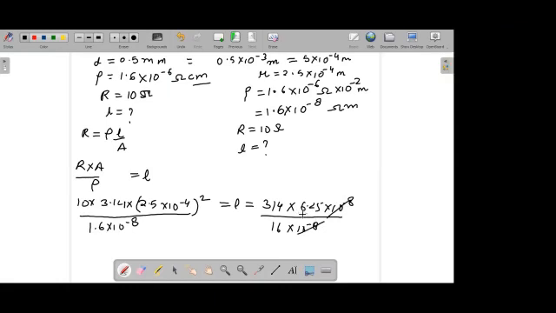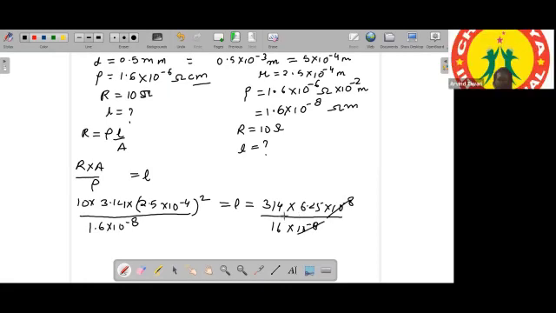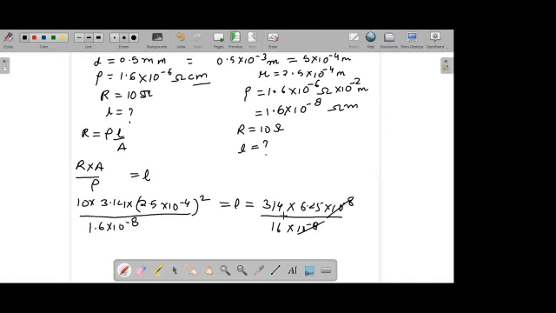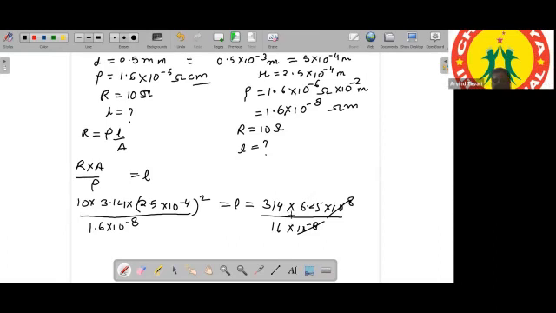Sir, we can cancel 314 and 16, 157 and 8. Will it cancel completely? No, so there is no need. Then you just simply multiply and divide. Just multiply 314 with 625.